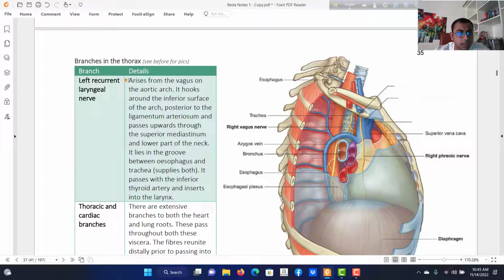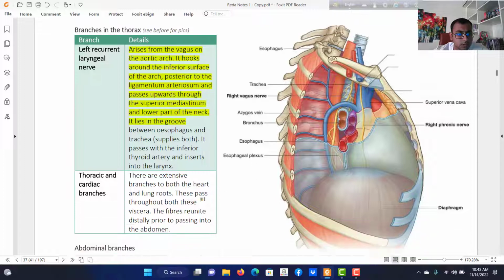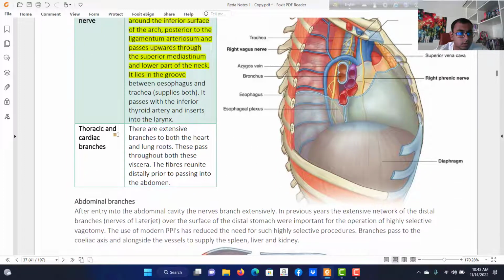The left recurrent laryngeal arises from the vagus, hooks around the inferior surface of the aortic arch and posterior to the ligamentum arteriosum, and passes through the superior mediastinum and lower part of the neck, lying grooved between the esophagus and trachea, supplying both. The thoracic and cardiac branches are extensive. Both roots pass through both lungs and viscera.